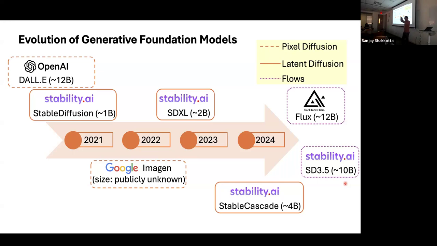What does that mean? You can think of a 512 cross 512 image as a vector in 3 colors, so 512 times 512 times 3, which is about 800,000 dimensions, with some specific structure associated with it. So the first model was in pixel space, at about 12B parameters.